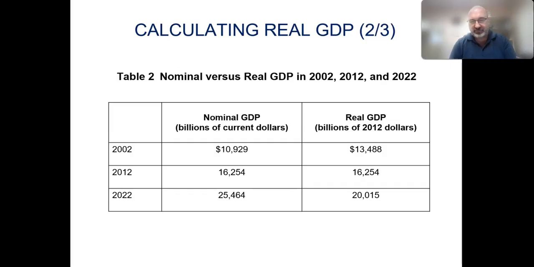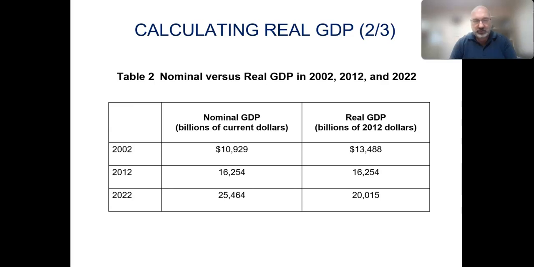And then your real GDP is actually 20,015. So you can see there how your real GDP behaves relative to the base year, which was 2012. When we go back and you're looking at years when stuff was cheaper, you can see how real GDP is greater than the nominal GDP.